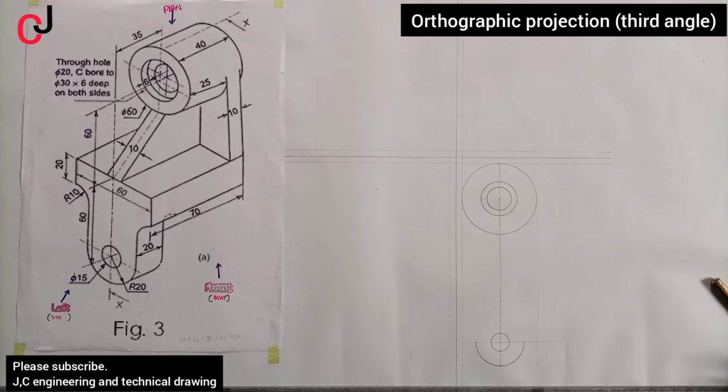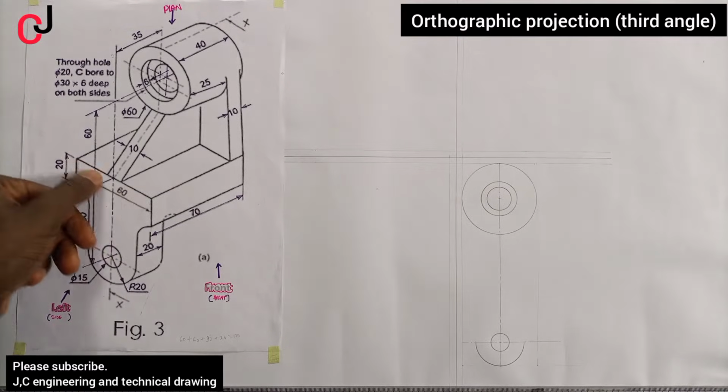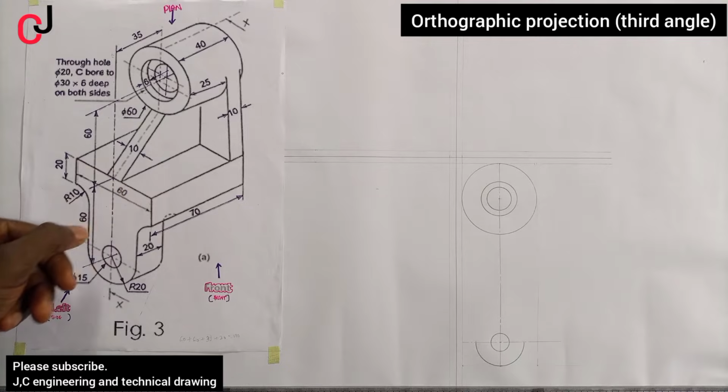Then, still on our side view, you can find out that from the midpoint of our center line to the top of our diagram here is given to us as 60 millimeter.